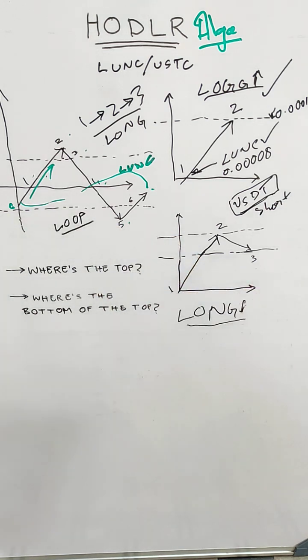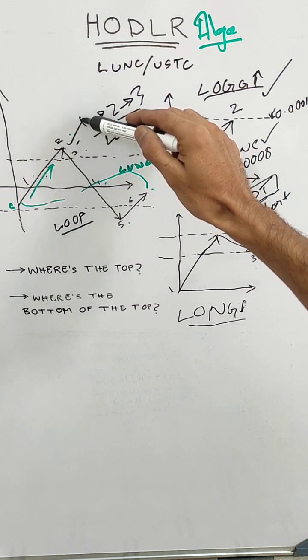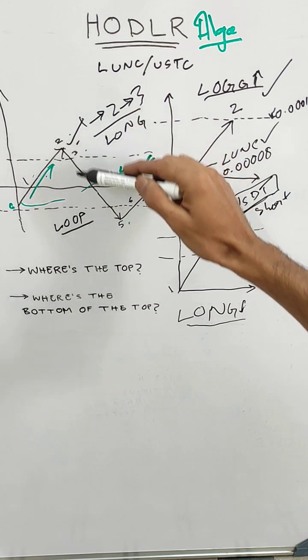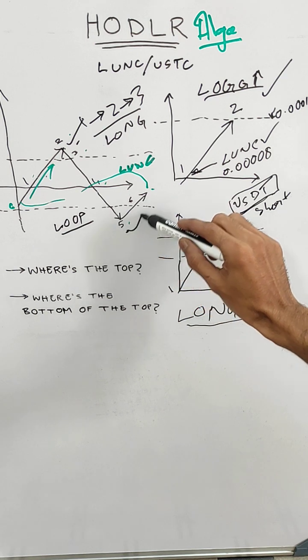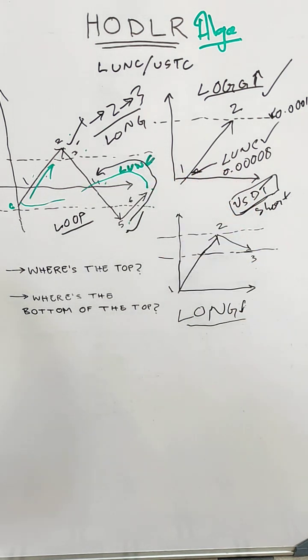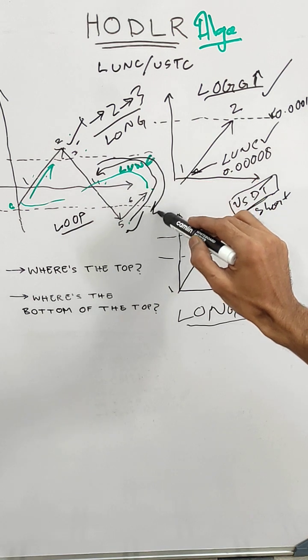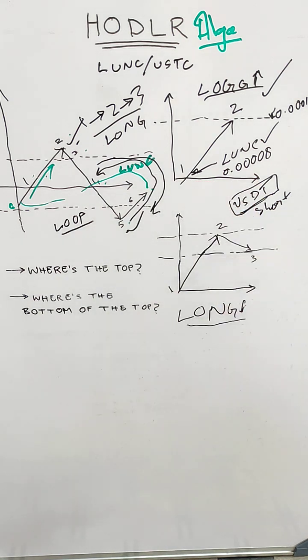So it wouldn't really matter at which point you began, whether you began from point 2 over here, or whether you began this loop from point 5 over here, you would still go like this. It doesn't happen serially. You can even do it in the reverse direction and it would still work, because there is no actual way in which this needs to work or the market really works. So it always keeps happening in a cycle, whether or not in the same direction.